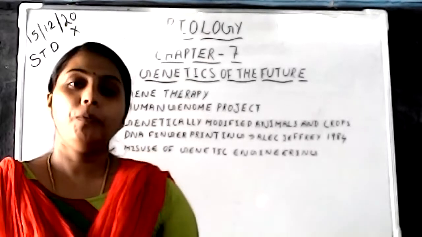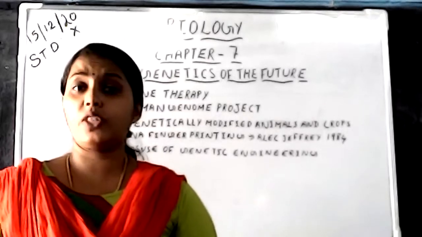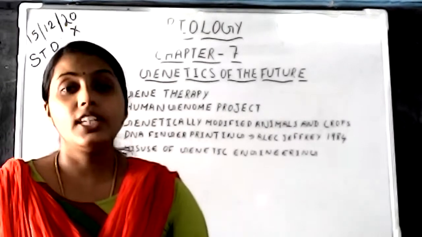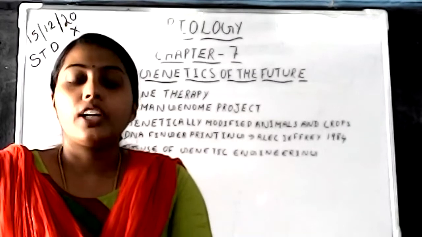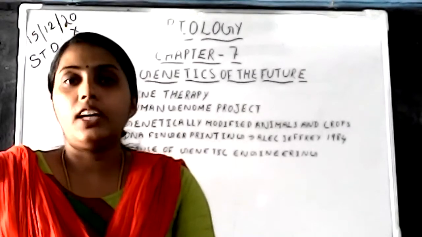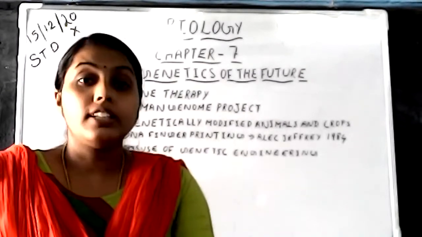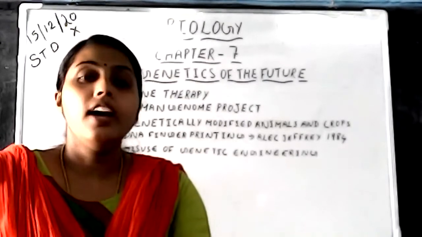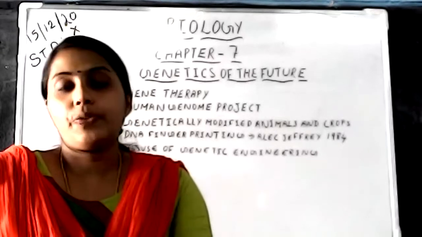And so the gene is responsible. We studied that genes are responsible for the different characters present in our body, and our fathers' and mothers' characters are transmitted through the gametes to the offspring.